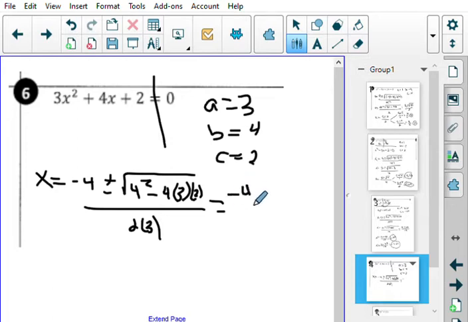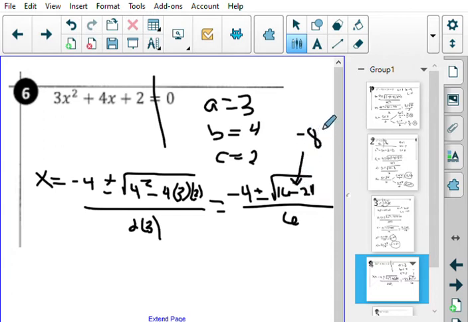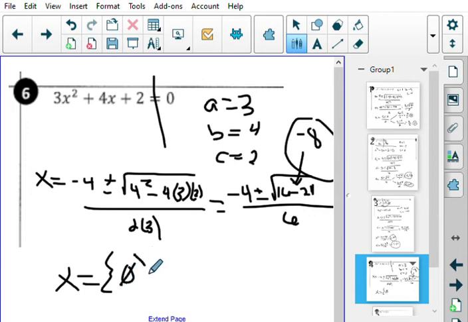So if we reduce this here, we have negative 4 plus or minus the square root. 4 squared is 16. Negative 4 times 3 times 2 is negative 24. And right there we can see why it's not going to work, because 16 minus 24 gives us a negative 8 here, and that's the reason why it won't work. Okay, so we can say that there is no solution to this problem.